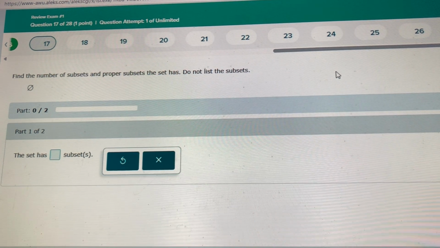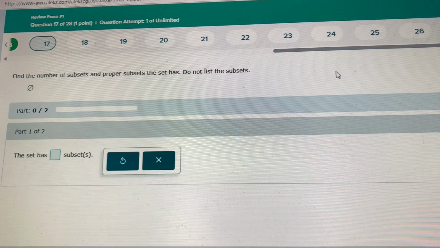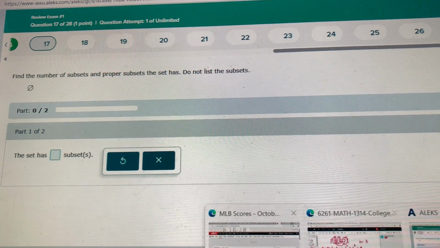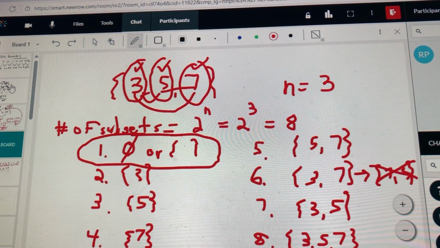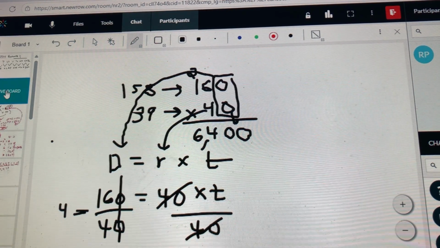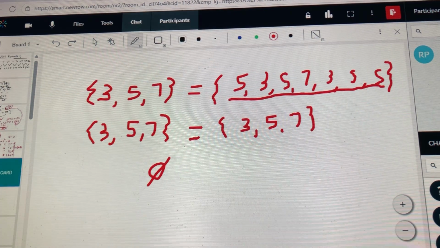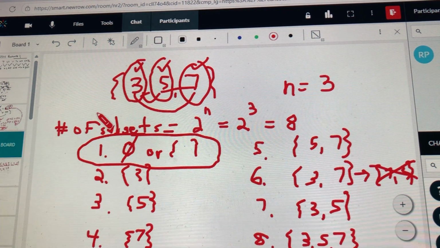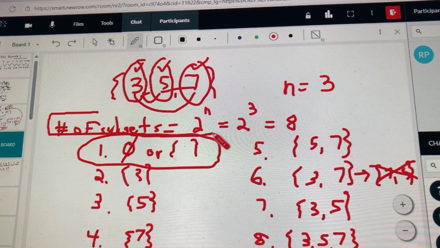Find the number of subsets and proper subsets that this set has. Do not list them, just how many. So it's the same rule I had up here a second ago. Where'd it go? Here, this. Number of subsets is 2 to the n.